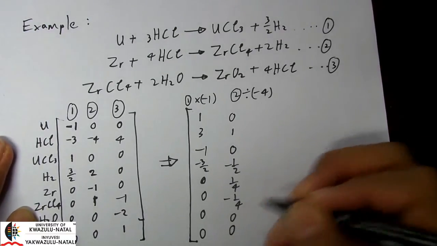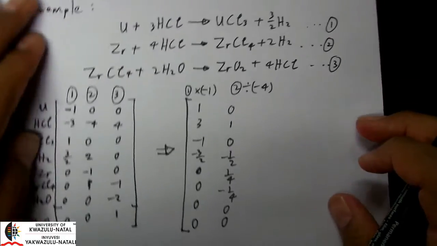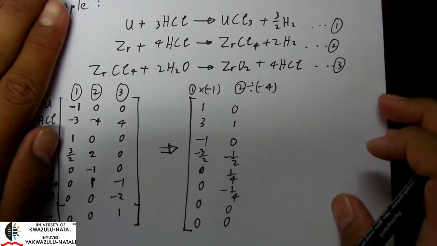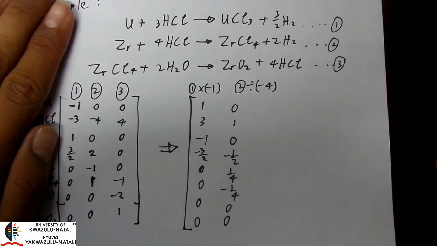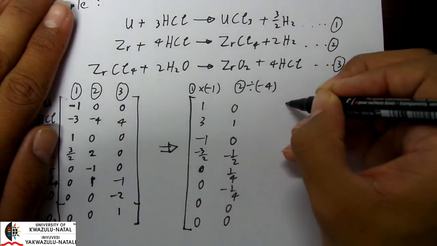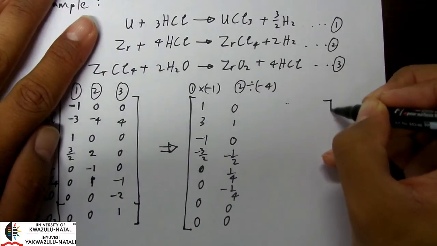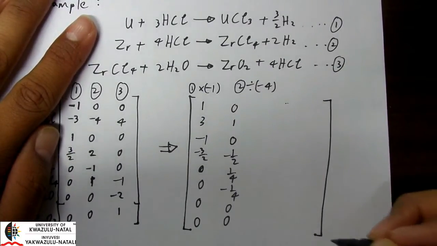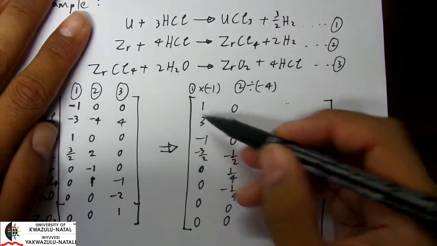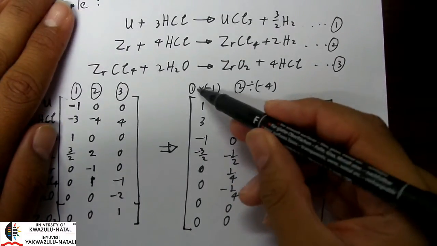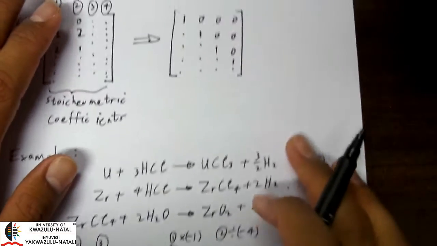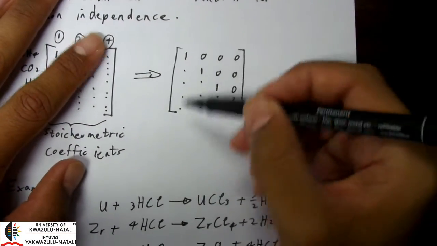Zero and 0. Okay, so column 1 and 2 seem to be looking more closely like this form here.